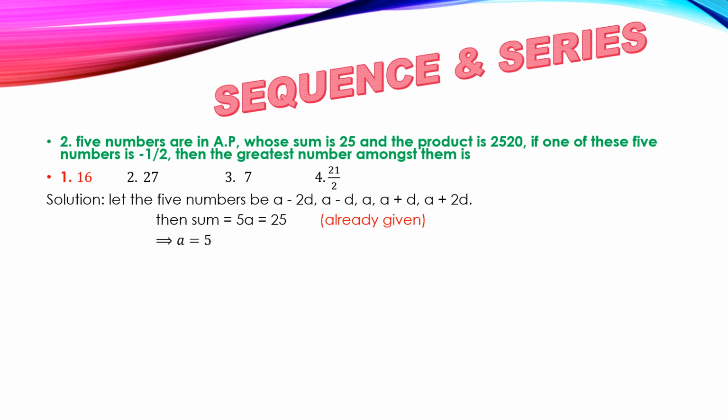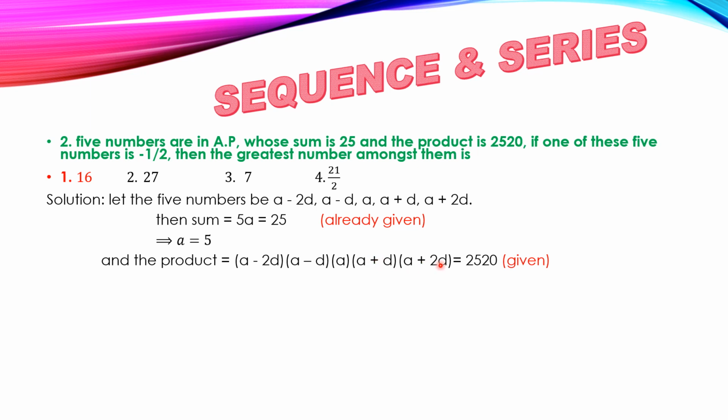And in this, a = 25/5, which equals 5. And the product of these five terms equals 2520. This is also already given. So here the left side is (a - 2d)(a - d)a(a + d)(a + 2d).